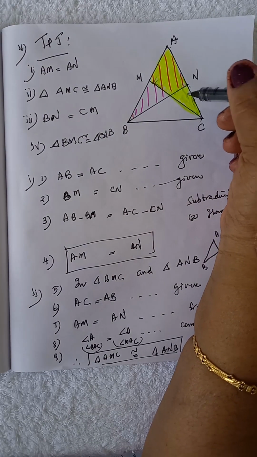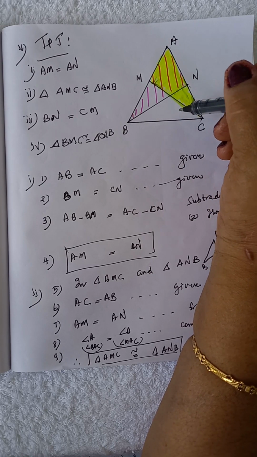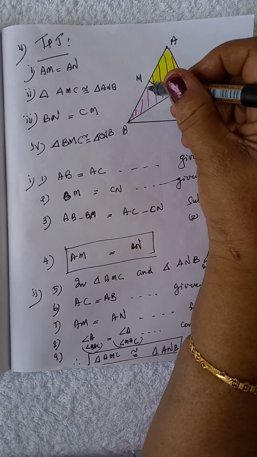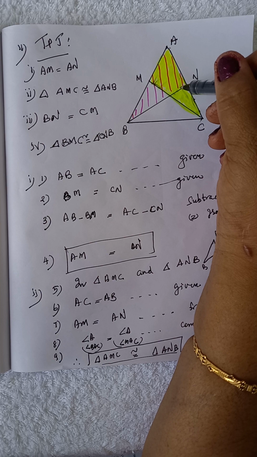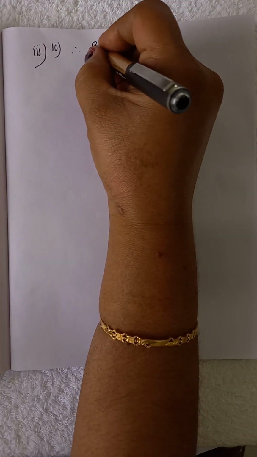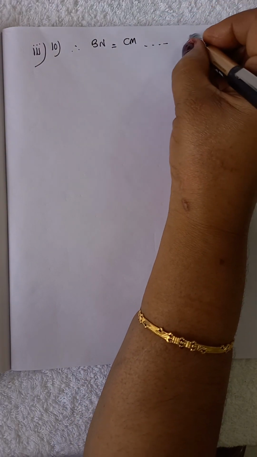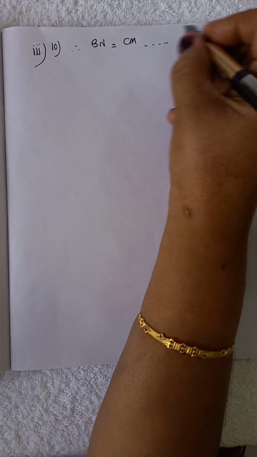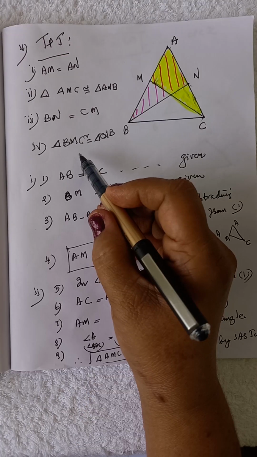As these two are congruent triangles, their corresponding parts, here this side CM and BN, will become equal. So we can write 10th point. Therefore, BN is equal to CM. Reason is CPCTC.